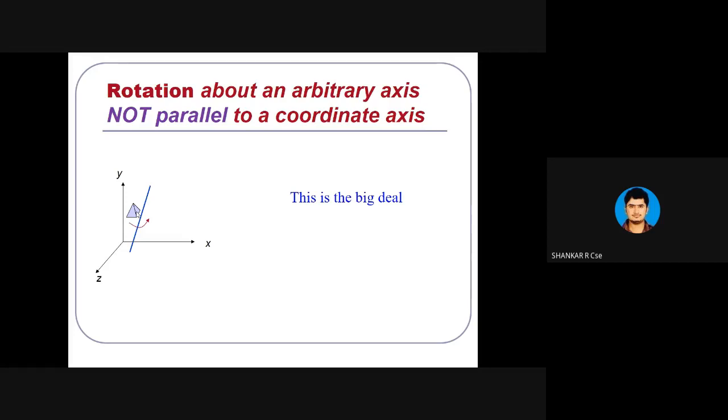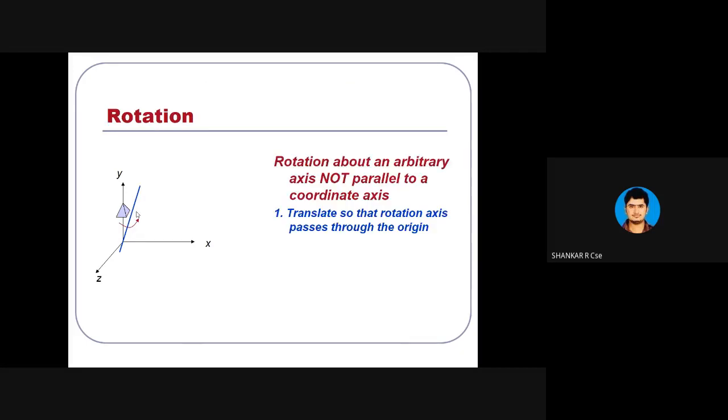So this is a big deal because you are rotating a 3D object in space, keeping the arbitrary axis in mind. So how do you rotate the object? There are 5 concrete steps. First step is bring that arbitrary axis to the origin. Second step, somehow rotate that axis onto, for example, the z-axis.